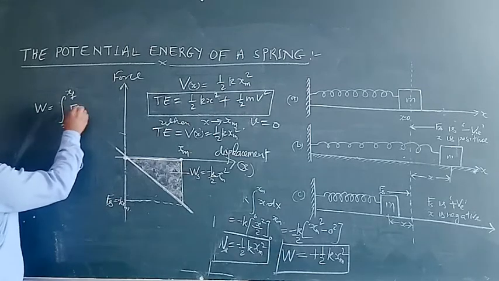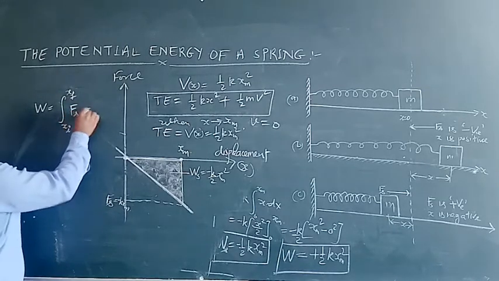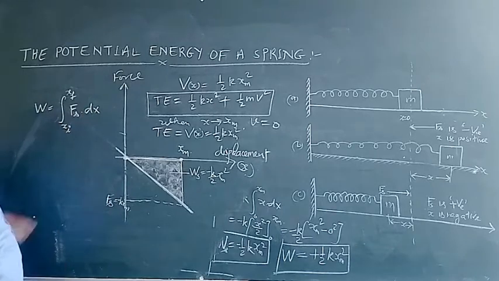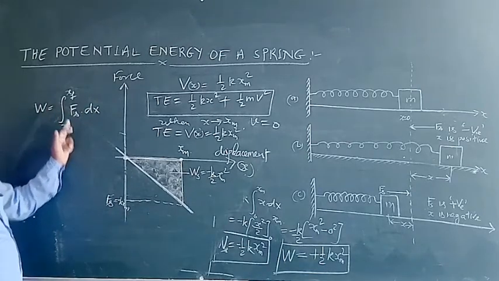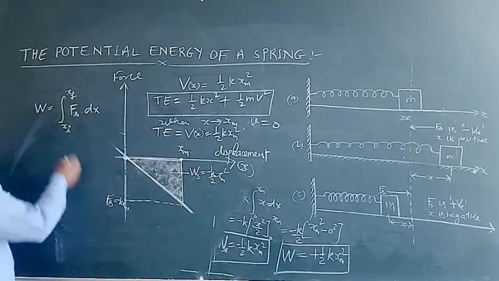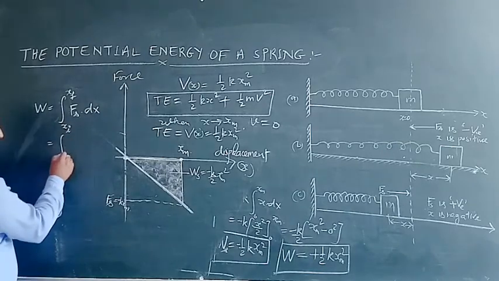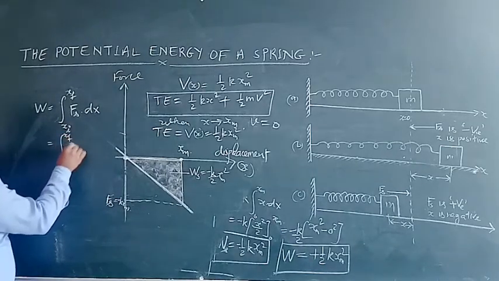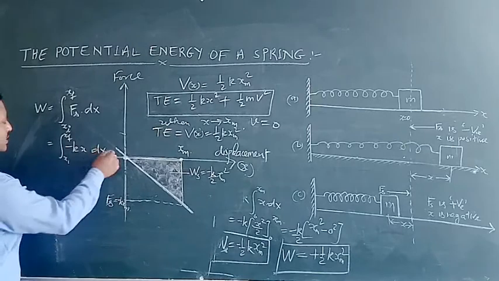Then the work done can be written as the integration from xi to xf of Fs dx. So this can be written as the integral from xi to xf of minus kx dx.